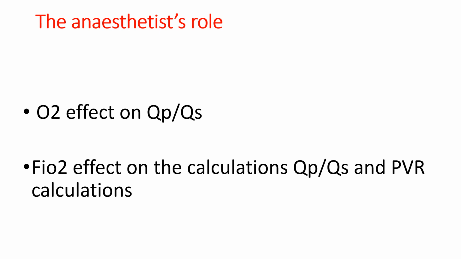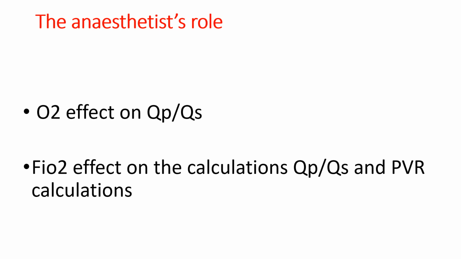It is also important to make the calculations on the lowest oxygen possible, and this is to decrease the inaccuracy that could be caused by not including the dissolved oxygen in the calculation. We know that the oxygen content equation is used while we measure the QP and QS.